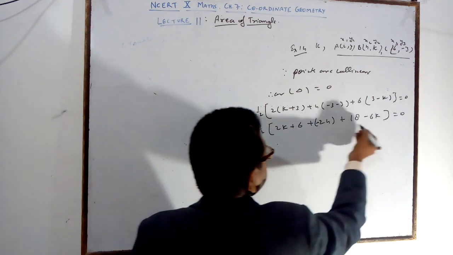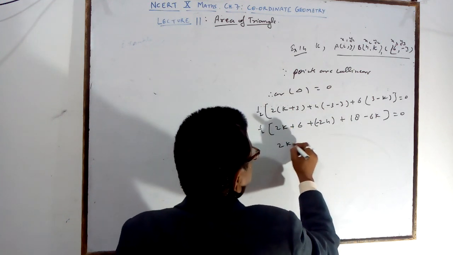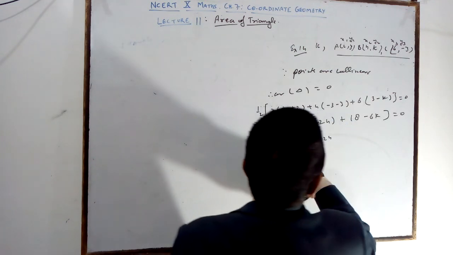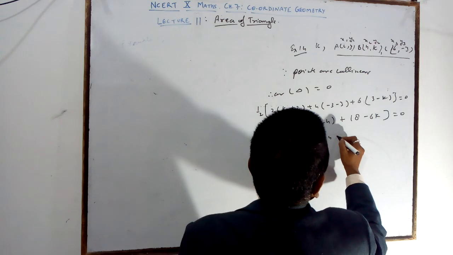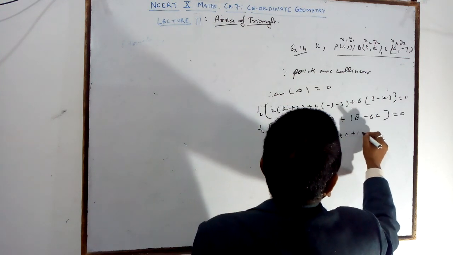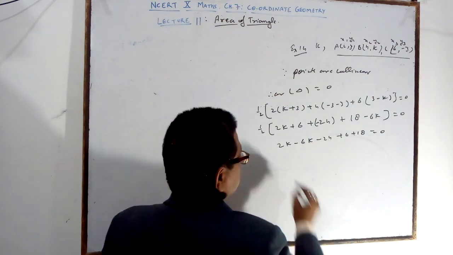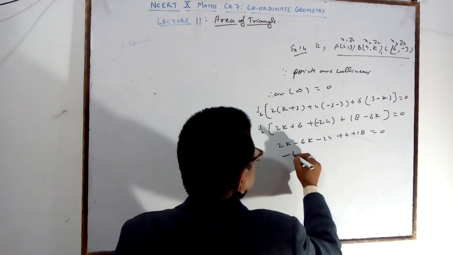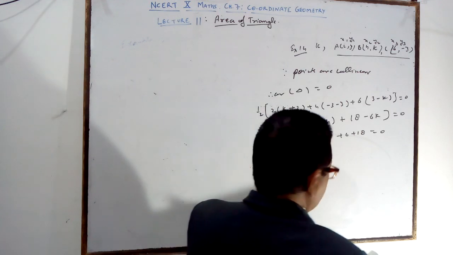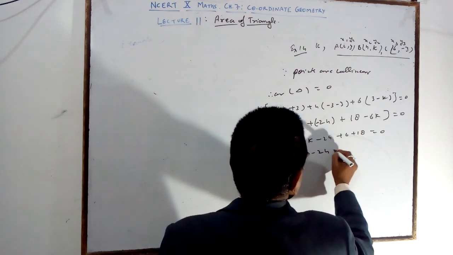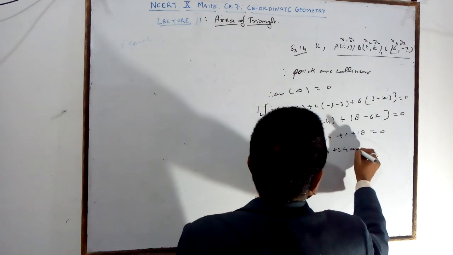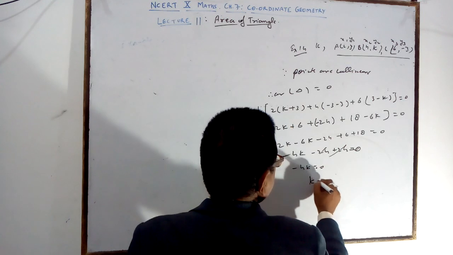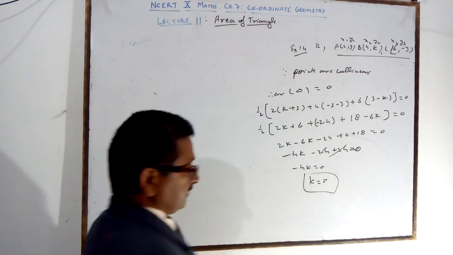So 2k minus 6k, minus 24 plus 6 plus 18 is equal to 0. So minus 4k, minus 24 plus 24 is equal to 0. So what are you getting? 24 cancels, minus 4k is equal to 0, then k is equal to 0. It is the value of k.